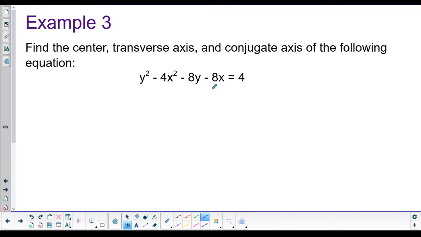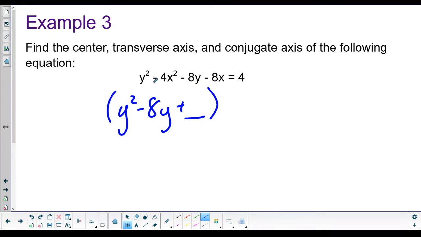Okay? So, like normal, we're going to group our terms together by variable. So let's go ahead and do that. And our constant is already on the other side of the equation for us, like we did in the last video. So we're going to just go ahead, move some of this stuff over, and then we'll complete the square from there. So grouping our y's, we have y squared minus 8y plus blank. And I'm just going to put the plus blank so that we have our space to fill in later.